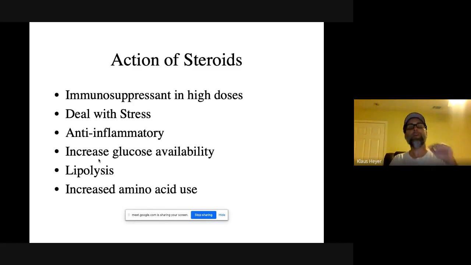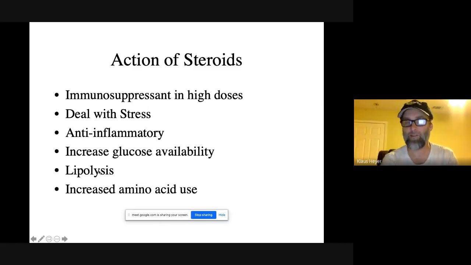You find the same thing with growth hormone, just for a different reason. With growth hormone, you're increasing amino acid use. Why? Because you're growing, but you need energy to do that too. So you're going to increase the breakdown of fats that you have in your body. That's this one down here, lipolysis, right?